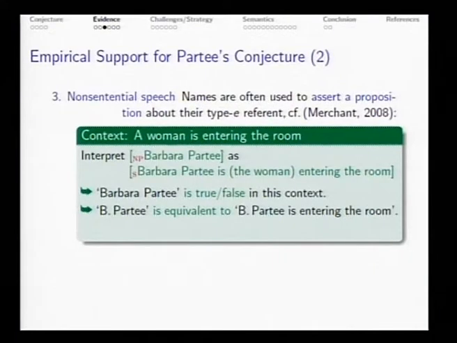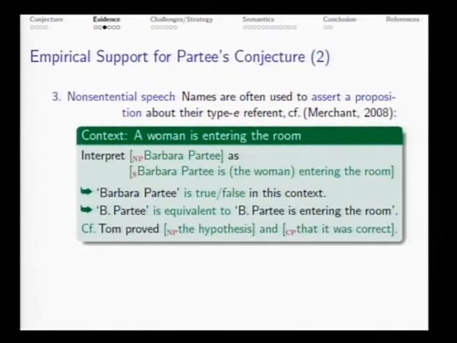And again, also because of the truth and falsity conditions that we can then claim of proper names, we can say that my utterance of the name Barbara Partee in this context would be equivalent to the sentence Barbara Partee is entering the room. And this observation of a semantic equivalence of some sort, of semantic relations between proper names and sentences or between proper names and complement phrases, is further supported by the fact that the result of coordinating some of the complements of the verbs from the previous slides engenders some sort of feeling of redundancy.